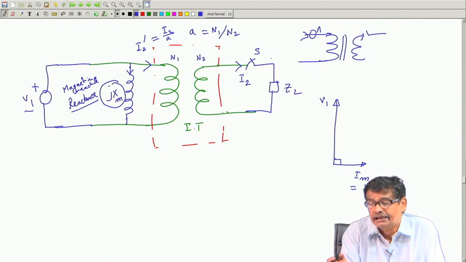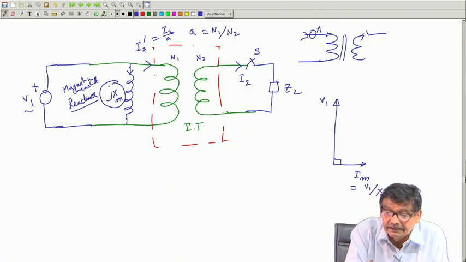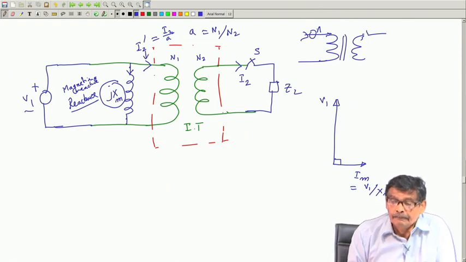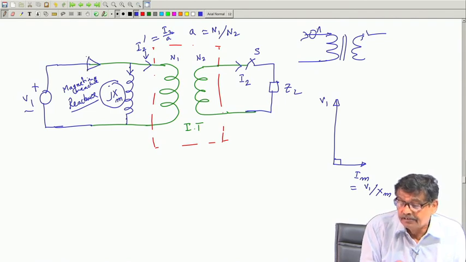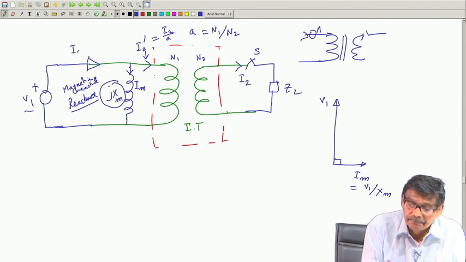And we know how an ideal transformer behaves. Connect a load, there will be a reflected current I2 dashed here, and then the current drawn from the supply will be the magnetizing current Im plus I2 dashed.